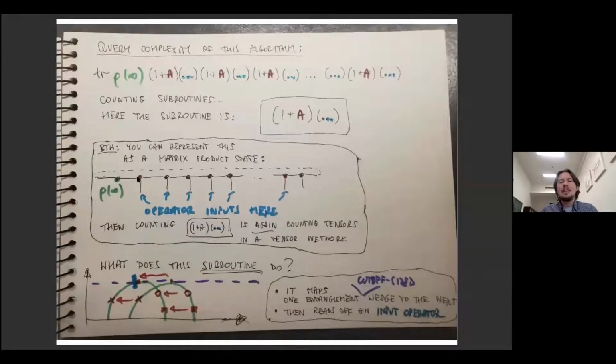And then at the end of the day, I also have to multiply it by rho infinity, which is one particular tensor, and form a trace, which is the reason why I close the loop here in the tensor network picture. And so in some sense, if I want to count these things or compute the query complexity, I am back to the thing that Lenny and others would have wanted me to do in the first place, which is to count tensors in a tensor network.